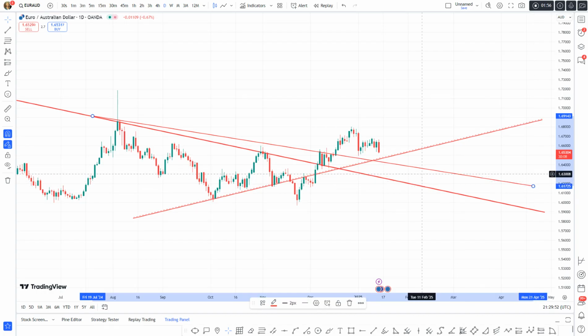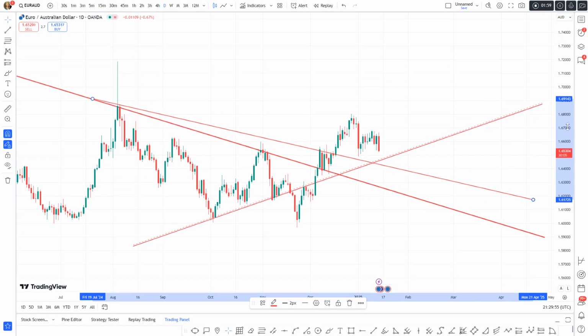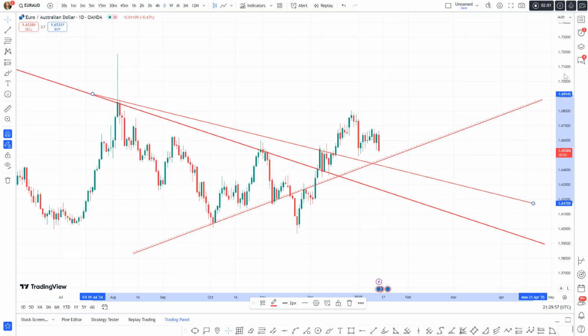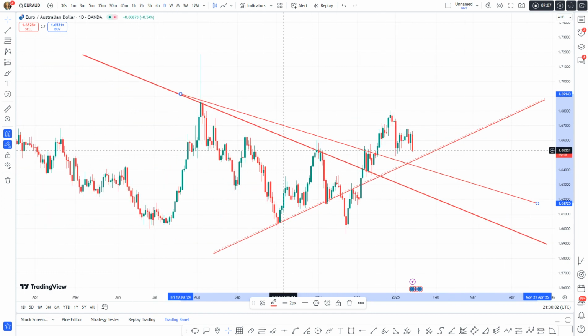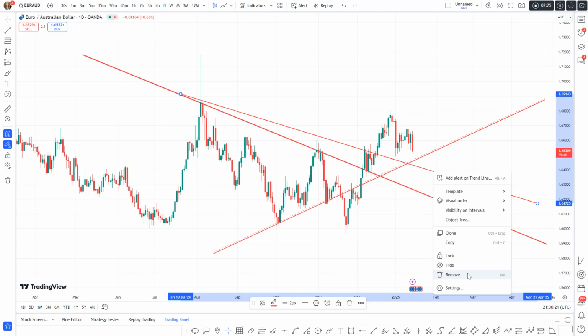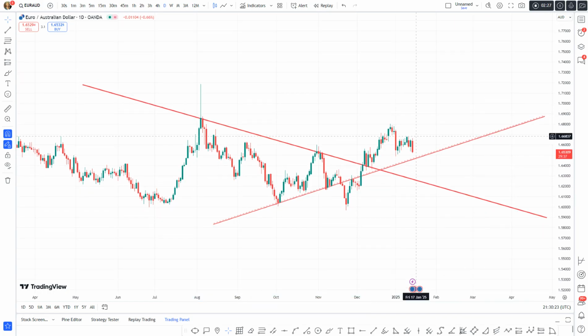We have a structure at this level, and so I think it's best to be patient to allow price to return to the supply roof.